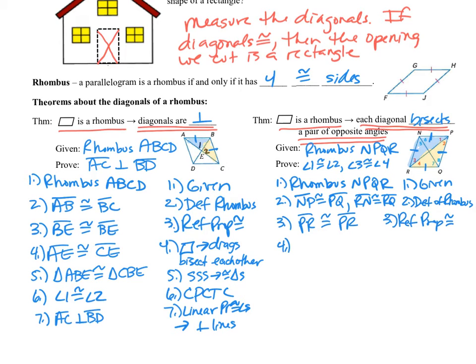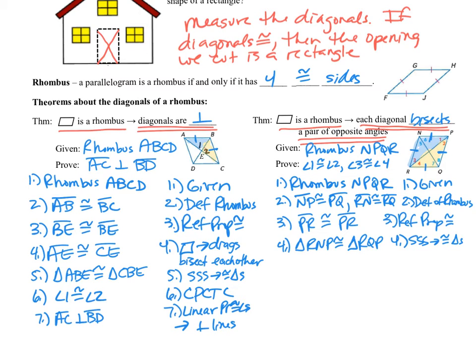I'm going to call the blue triangle RNP, and we're going to say that triangle RNP is congruent to triangle RQP, so that we get corresponding parts to match up. And our reason is side, side, side implies congruent triangles.